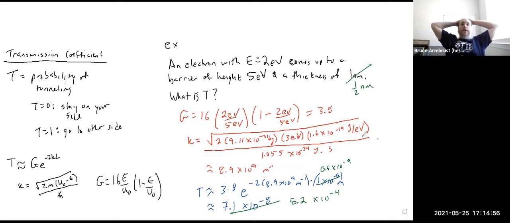If we had doubled the energy of that electron, so it had 4 electron volts instead of 5, we wouldn't have gotten that big of a number. It would have increased, but I don't think it would have been on the order of 10 to the minus 4. So thickness of the barrier is probably the most telling thing for when something will make it through.